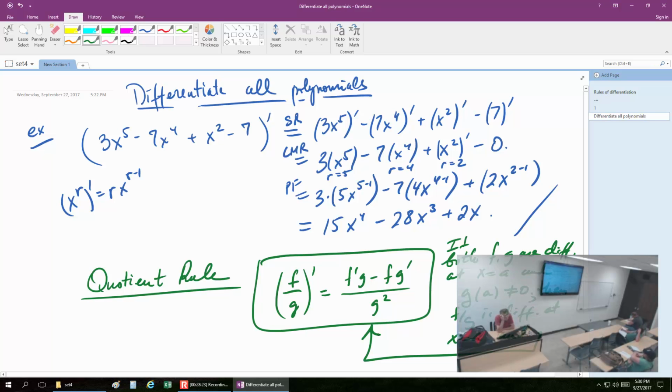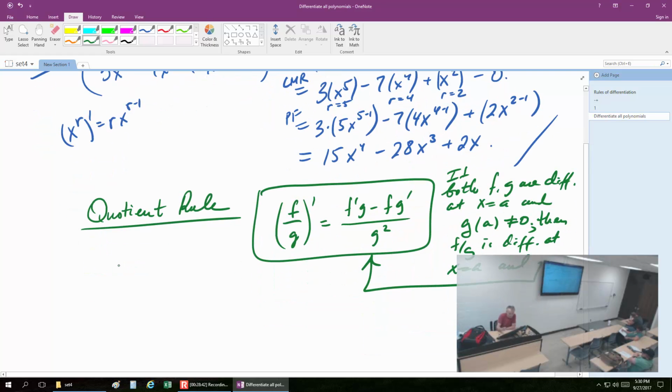Okay, so don't forget the fraction, but the numerator of the quotient rule looks similar to the product rule, except you have minus instead of plus in the middle. So you can apply it, for example, to find the derivative of tangent. Tangent x prime is sine x over cosine x.